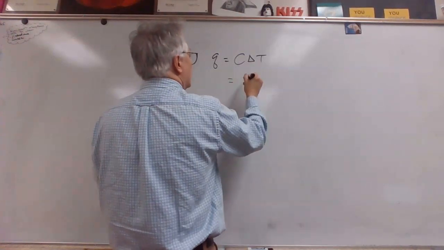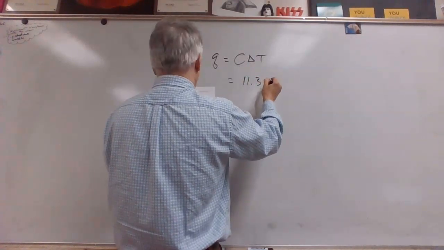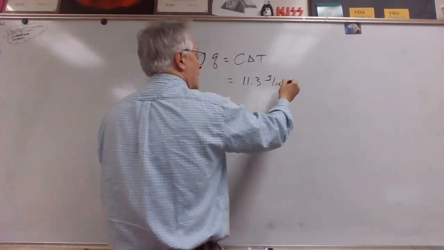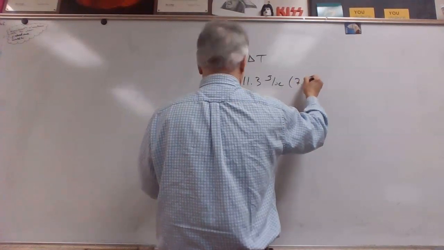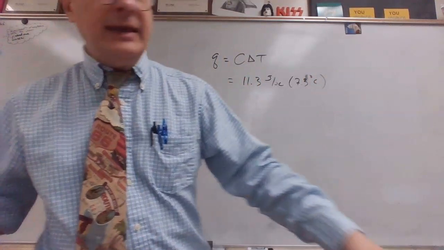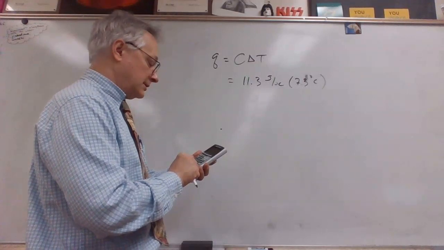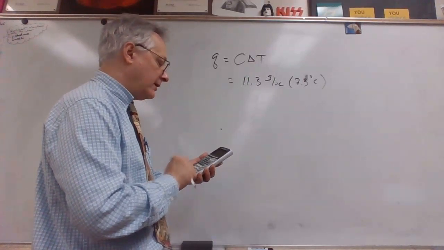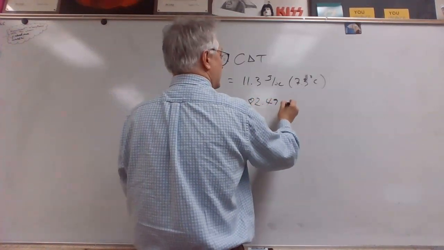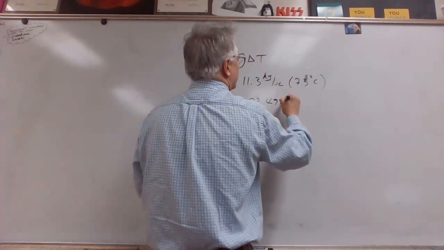So we've got 11.3, and that's going to be kilojoules per degree C, and our delta T was 7.3 degrees C. So let's figure out that heat for the methane, 11.3 times 7.3, and that's 82.49 kilojoules. Kilojoules, yeah, very good, thanks.